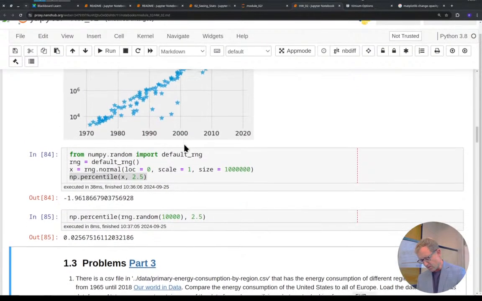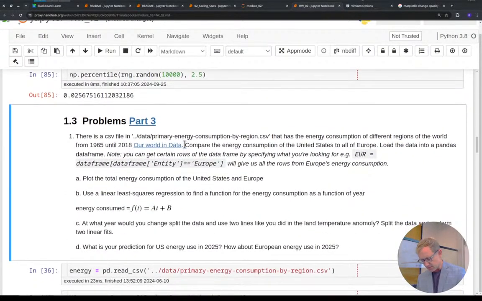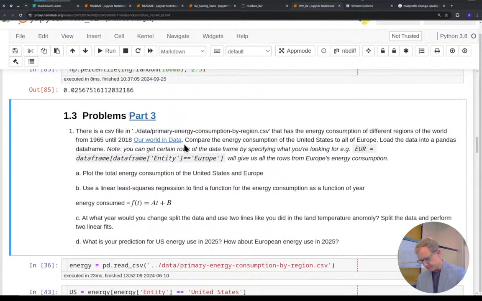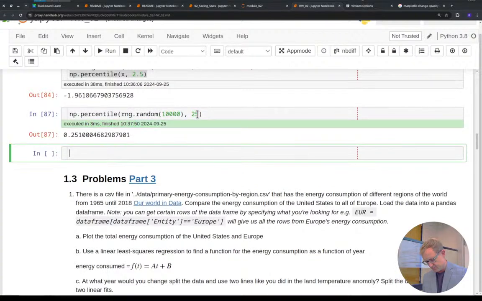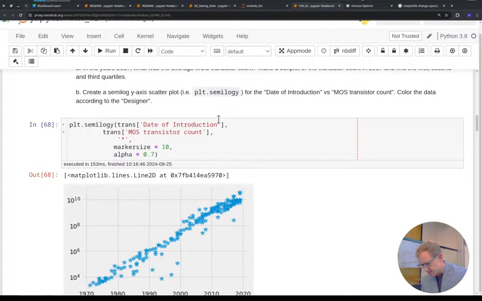I think quartiles would also be similar. Yeah, how do we find quartiles?